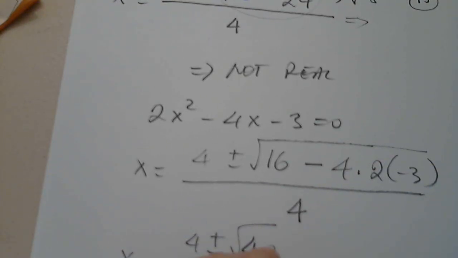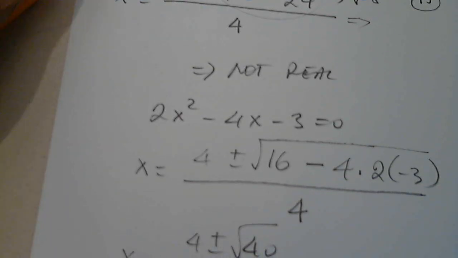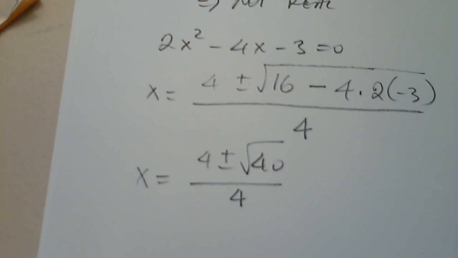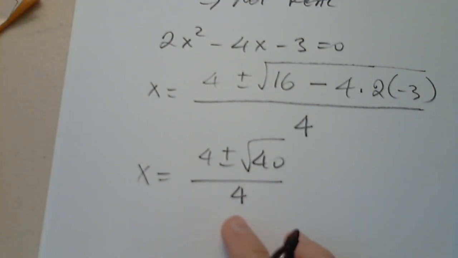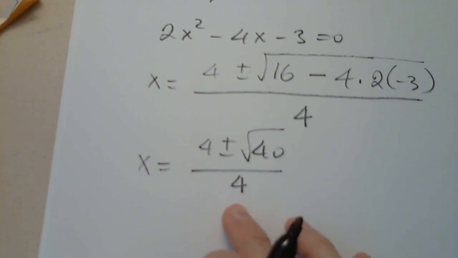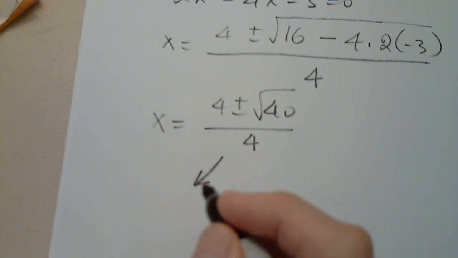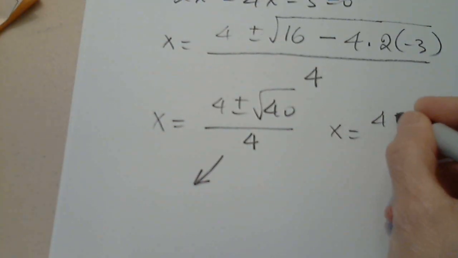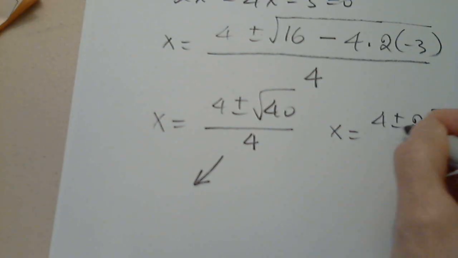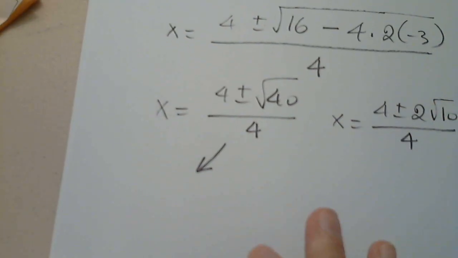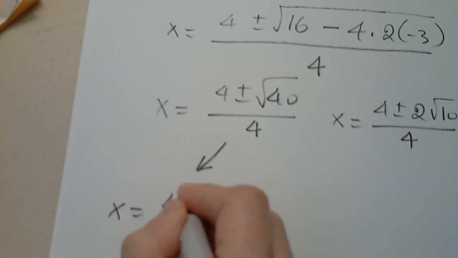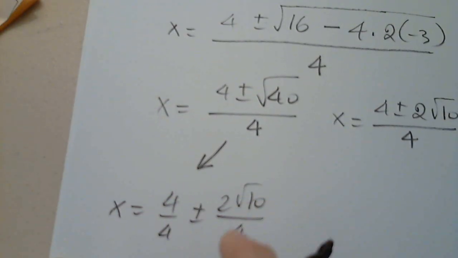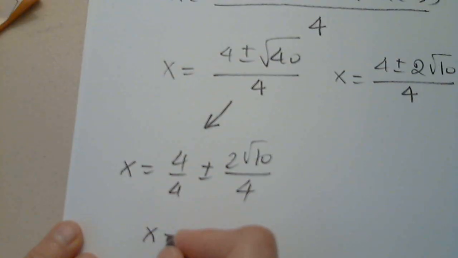The square root of 40 over 4. I have to simplify, but not 4 with 4. I have two options. And the square root of 40 becomes, so x equals 4 plus or minus 2 the square root of 10. One option is x equals 4 over 4 plus or minus 2 the square root of 10 over 4, and you simplify individually.